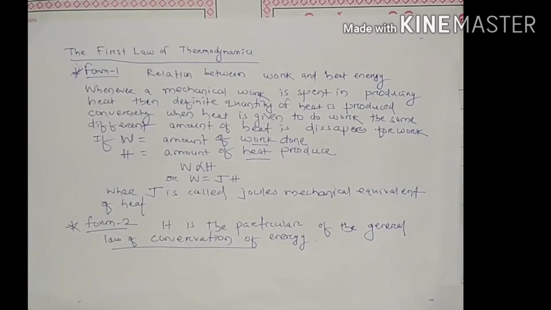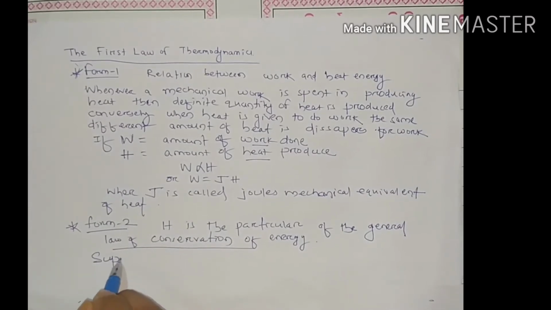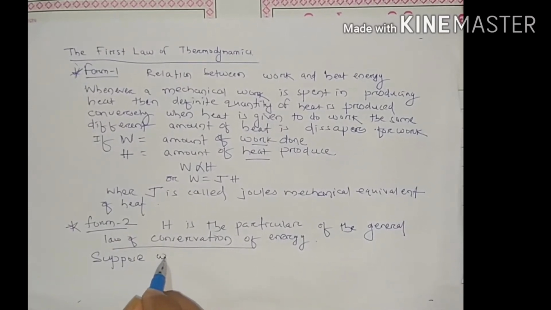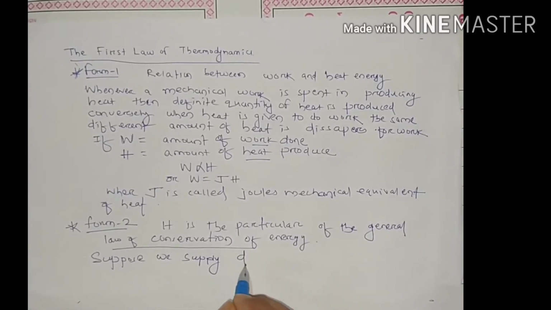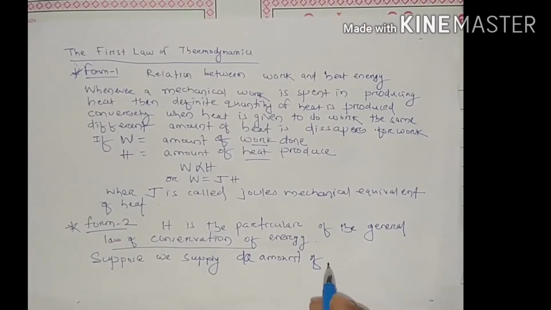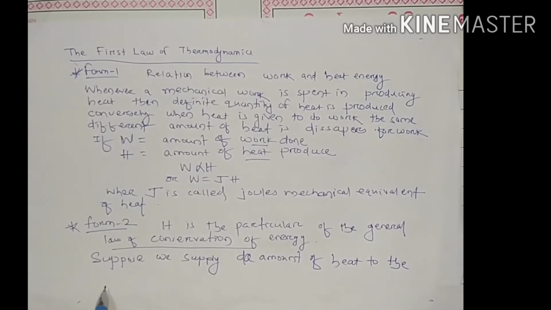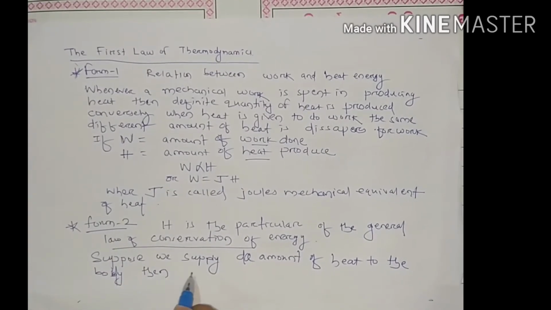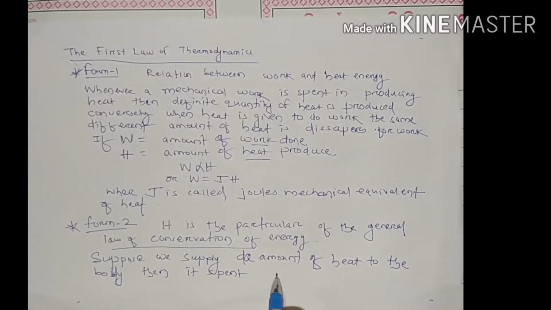So how can we briefly describe this one? Suppose we supply dQ amount of heat to the body, then it is spent in 3 ways.